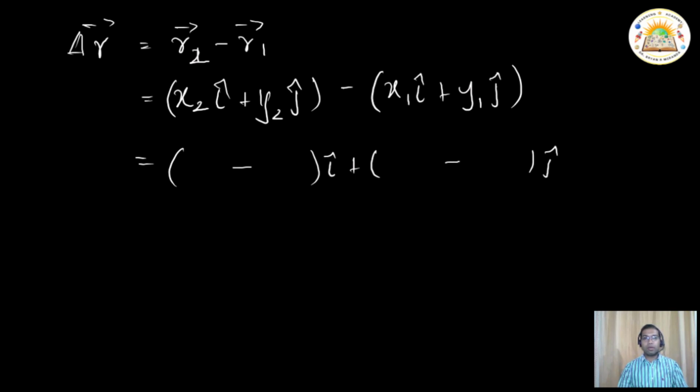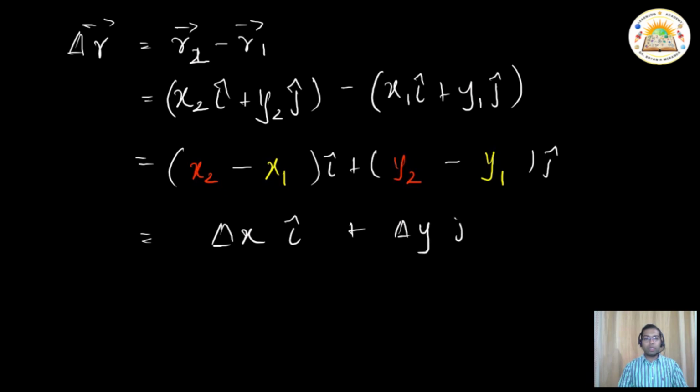So I will have x2 i cap as it is. Now y2, when it goes here, it is going to be y2, and x1 will have a minus, y1 will have a minus, and this is basically delta x i cap plus delta y j cap, which is nothing but our delta r vector.